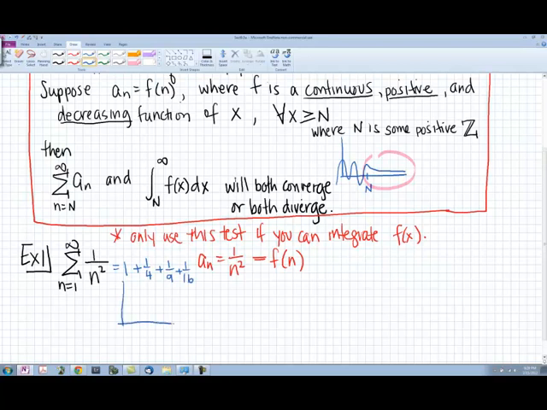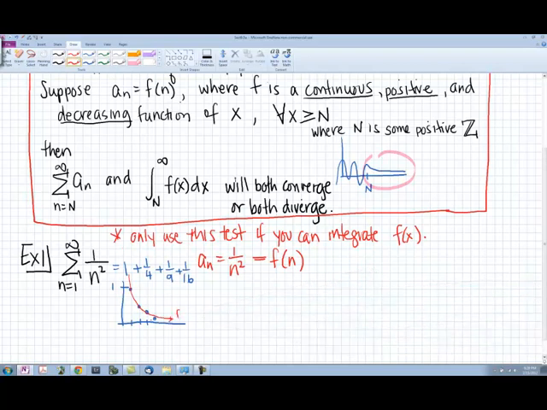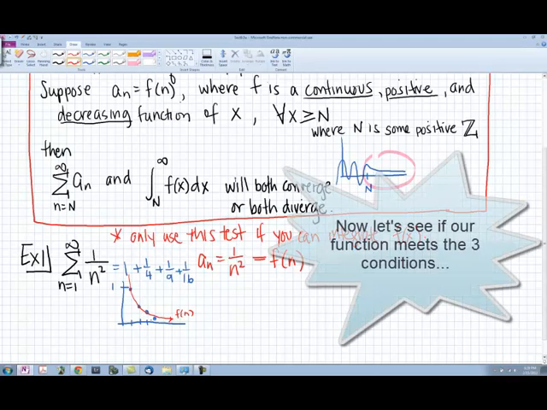So in terms of a graph, if we assume this to be 1, and we go 1, 2, 3, and so on, it's going to be points here: 1, 1; 2, 1/4; 3, 1/9; 4, 1/16, and so on. They're just dots. It's not continuous. So we are going to liken it to some function where this is going to be f of n. It'll be the whole thing filled in, no spaces in between.